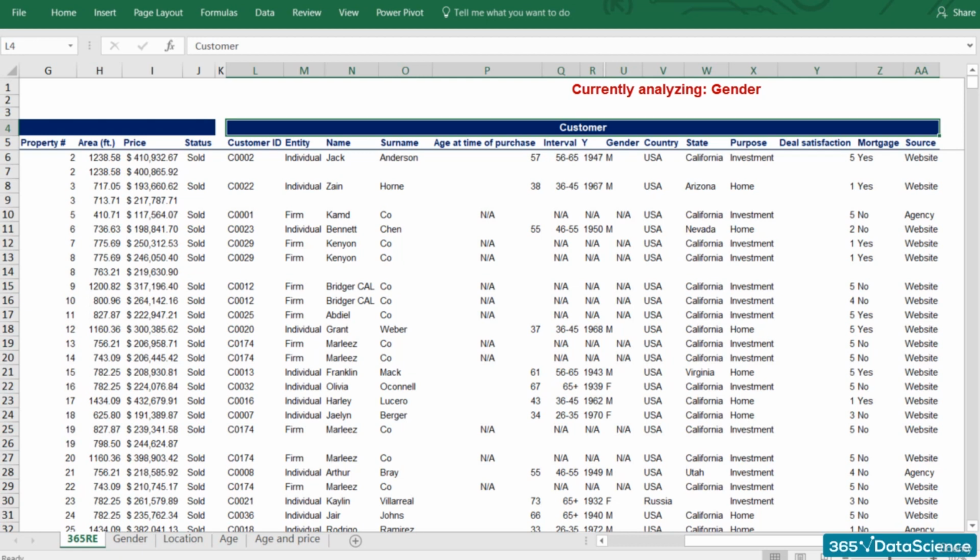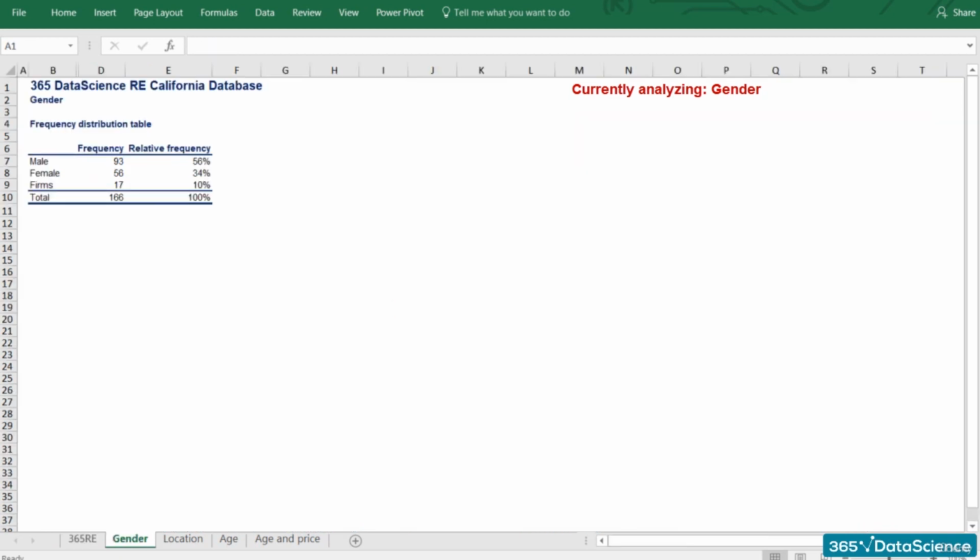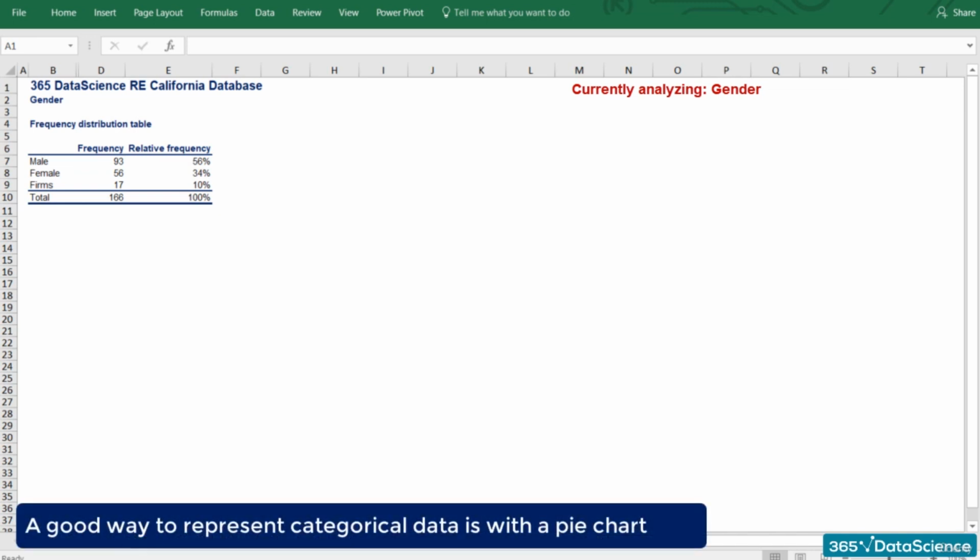Now, we have three possibilities for gender: male, female, or a cell where gender is not available. Since some properties were purchased by companies, they have no gender. Nevertheless, we have to include them in the analysis or explain why we omitted them in the report. Gender is categorical. We said that a good way to represent it in practice is with a pie chart.